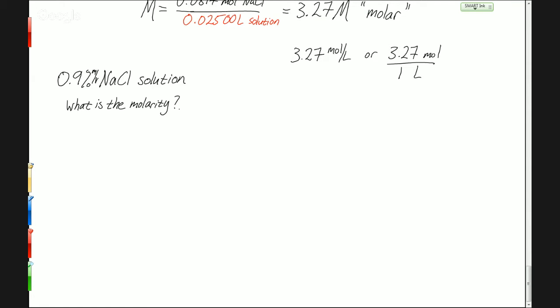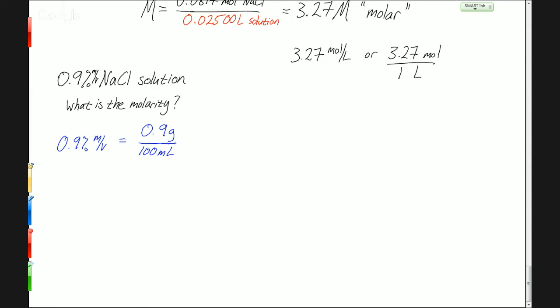So 0.9% NaCl, mass by volume NaCl, is really saying 0.9 grams per 100 milliliters. That's why it's a percent mass by volume. Percent, that word percent, means in each 100 of something, so per 100 of something. So if it's 0.9% mass by volume, that's 0.9 grams per 100 milliliters.